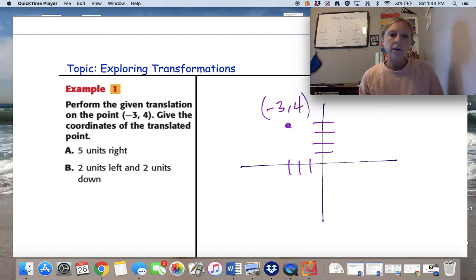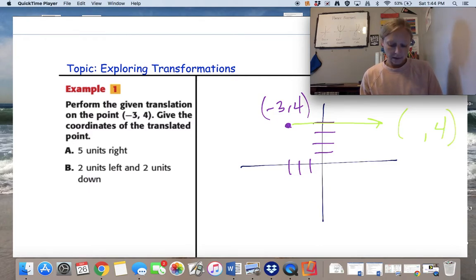And if we want to translate that point 5 units to the right, we just need that point to go directly to the right. We do not need it to move up or down at all. So our y variable will stay the same. It's just going to stay at 4.